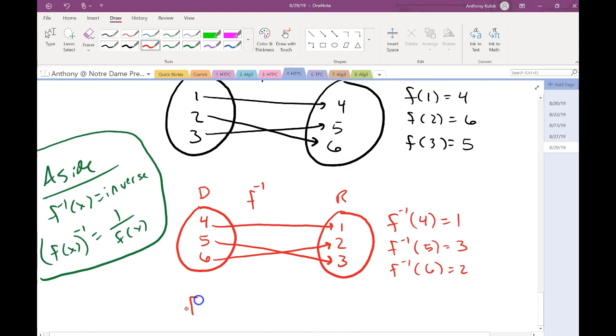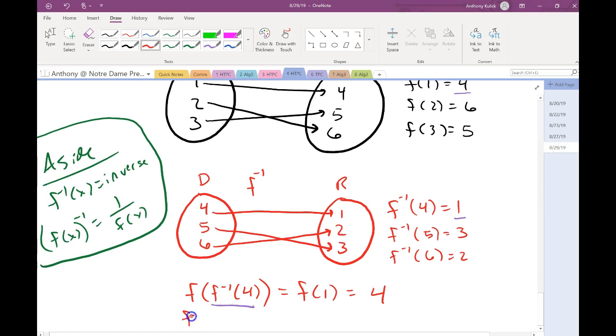So if I look at f of f inverse of 4, what would I say here? Well, I know that f inverse of 4 is equal to 1, right? So I can replace f inverse of 4 with 1. And then I know f of 1 is 4. Everybody see that?